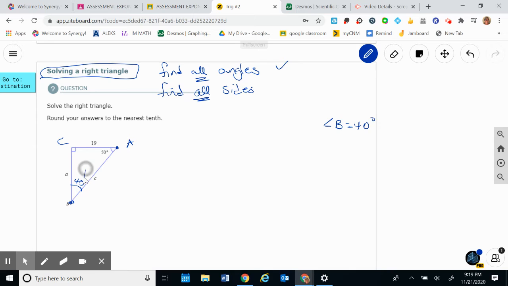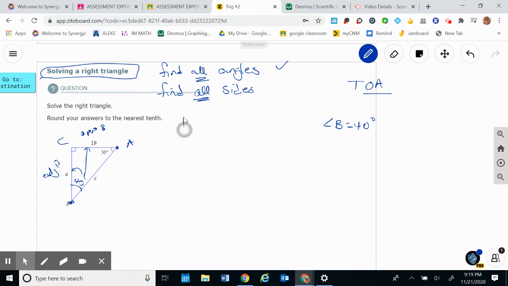Okay. And what side is the only known side? It's my opposite from B. This is opposite of B. And let's find A. This is adjacent of B, right? So let's find that adjacent and opposite. Which ratio works with adjacent and opposite? And that is tangent.